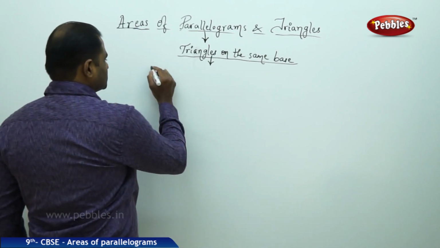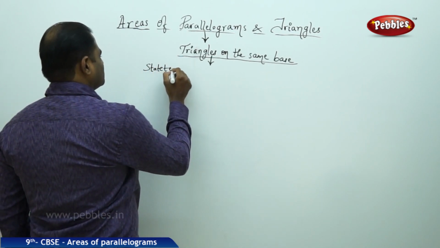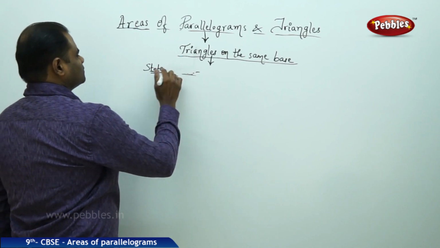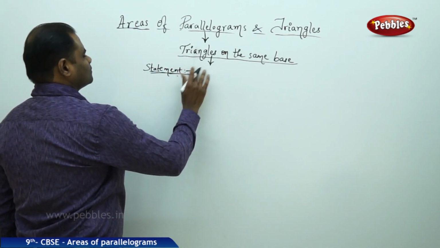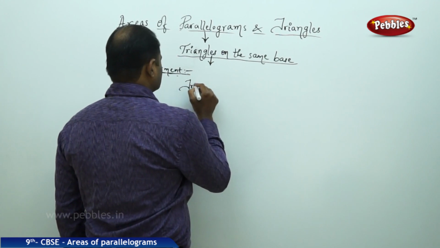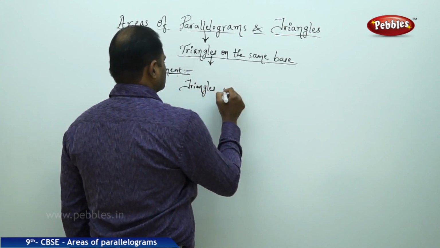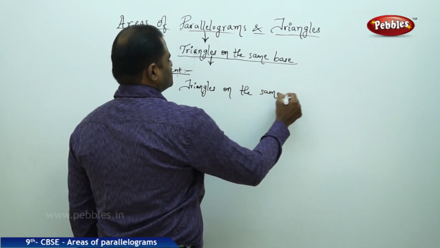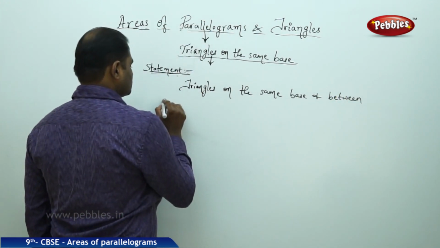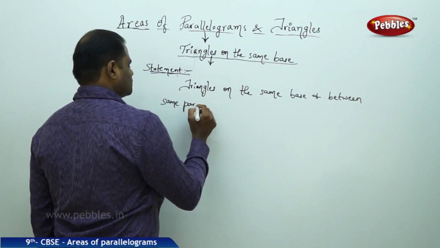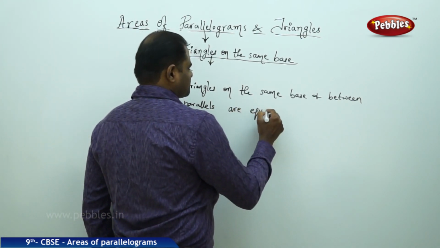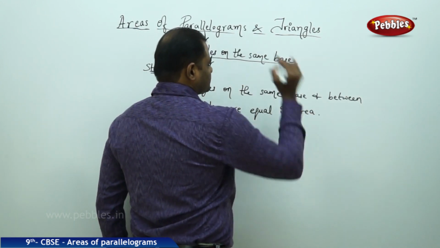If I take the statement, for the same base the theorem says that triangles on the same base and between the same parallels are equal in area.